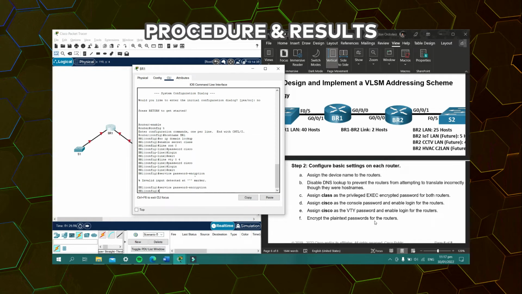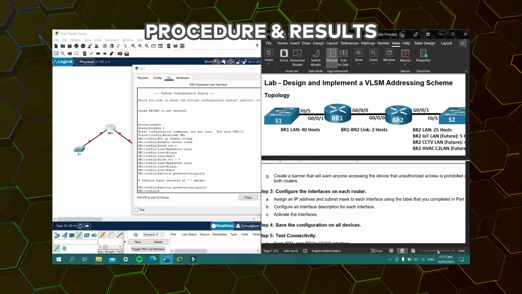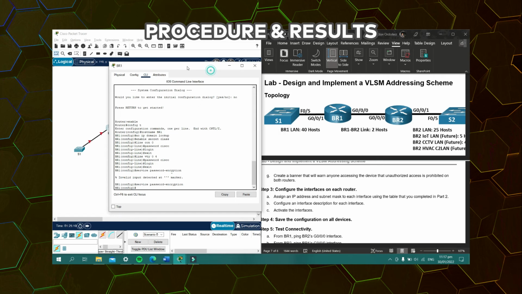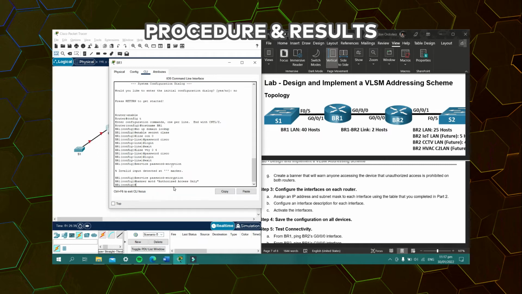Next, create a banner that will warn anyone accessing the device that unauthorized access is prohibited on both routers. So I'll put banner motd, authorized access only.